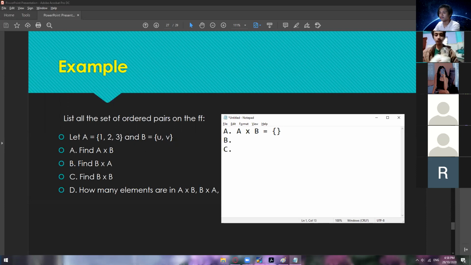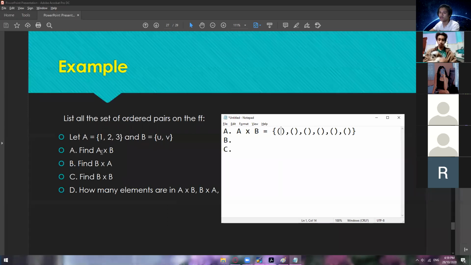here we actually have a total of 6 ordered pairs. So what are those? 1, 2, 3, 4, 5, 6. So again, all you need to do is like distribute. Okay? So distribute lang kayo gamit ng multiplication.